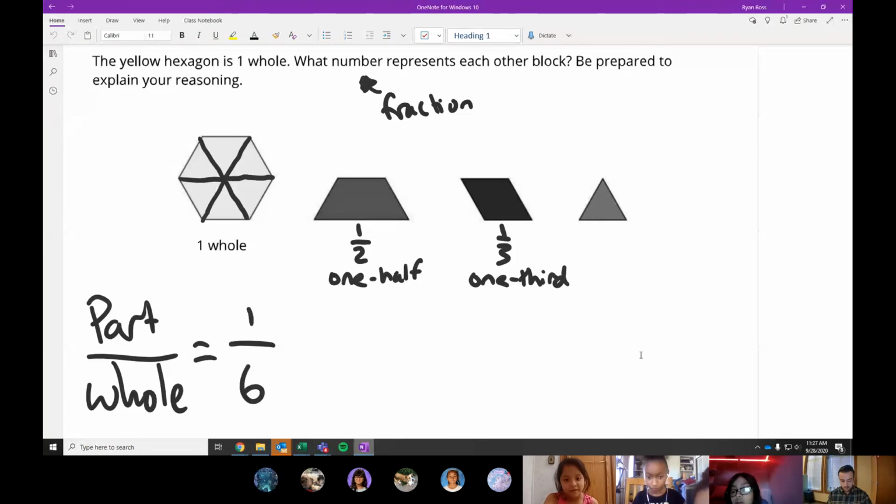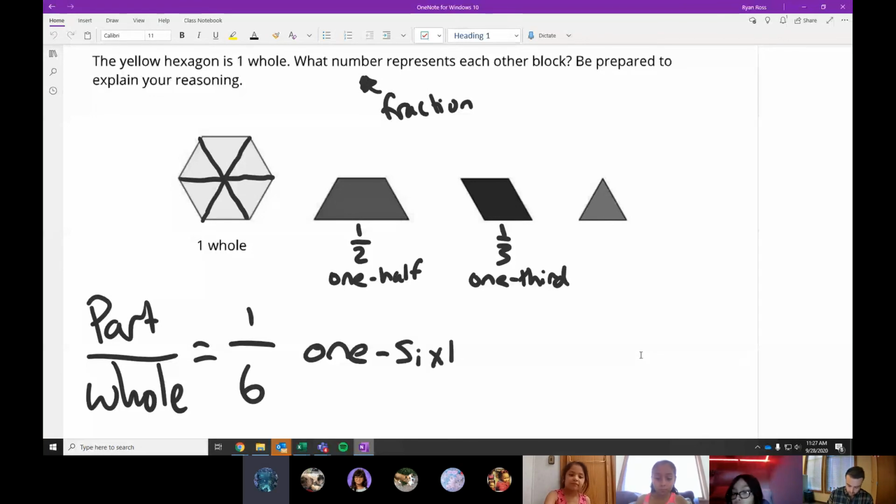Yeah, great job. We have 1 part, and we have 6 that make up the entire whole. So 1/6 would be our answer. So a triangle is 1/6 of the hexagon. Nice job.